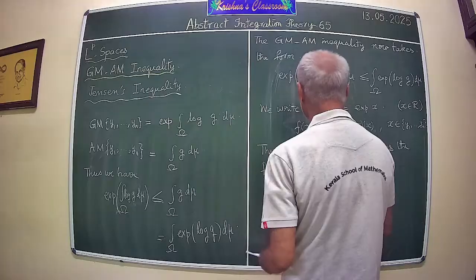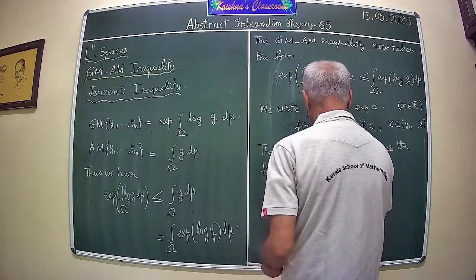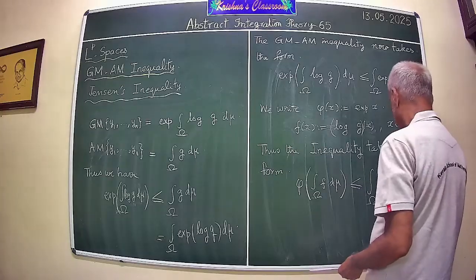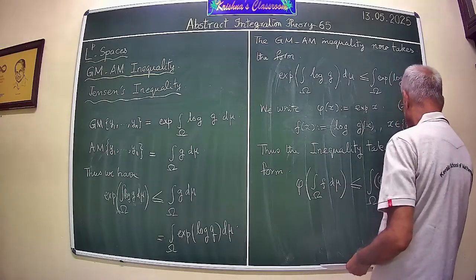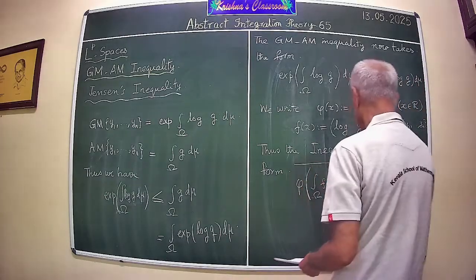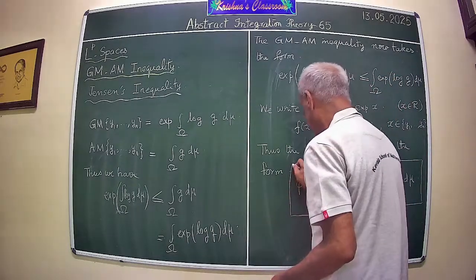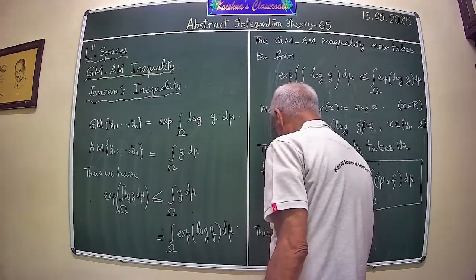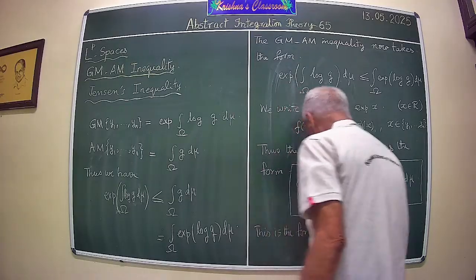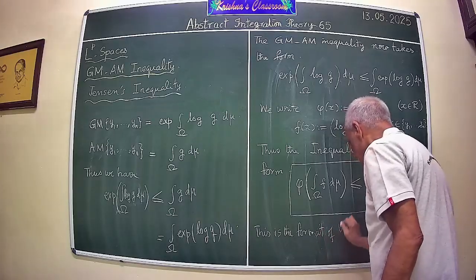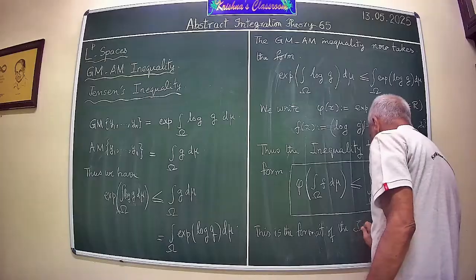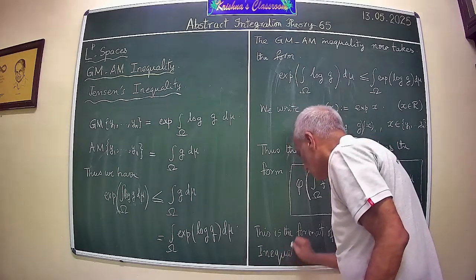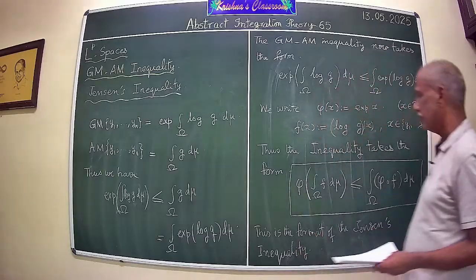phi of integral over omega... Okay, this is the format of the Jensen's inequality. This is the format of the Jensen's inequality.